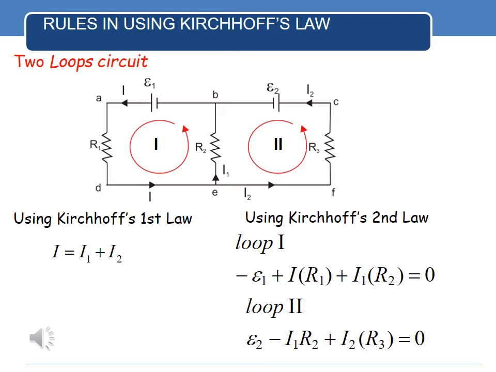But the direction of I2 is the same as the direction of the loop in loop number 2, so plus I2 times R3 equals 0. Solving those three equations, you can find what you're looking for.